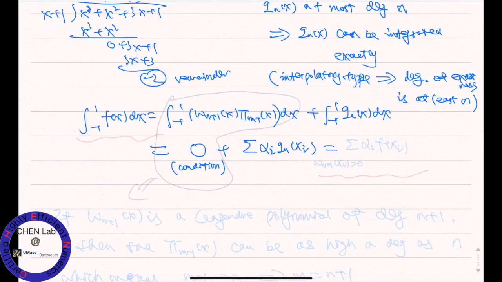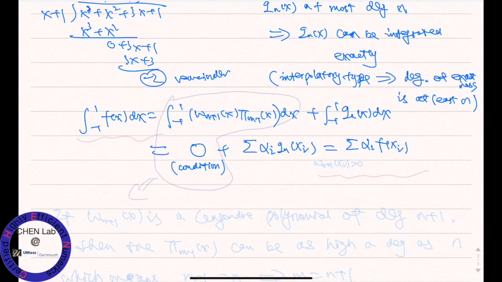And what is qn at xi? That's just f at xi, because if you evaluate at xi, f at xi equals this at xi. What is omega n plus 1 at xi? 0, it's a product of x minus xi's.